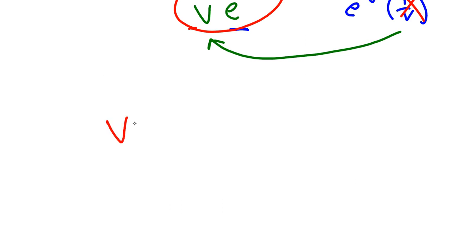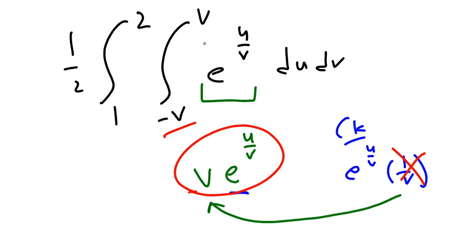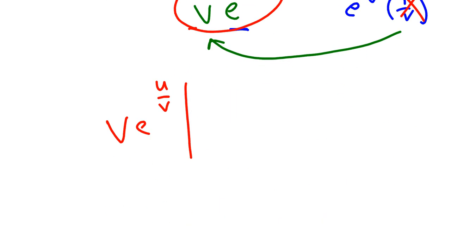So v e to the u over v evaluated from your limits of integration here, negative v to v. Just don't forget, we did the antiderivative with respect to u. So we're plugging these little v's into this u that's up top here.